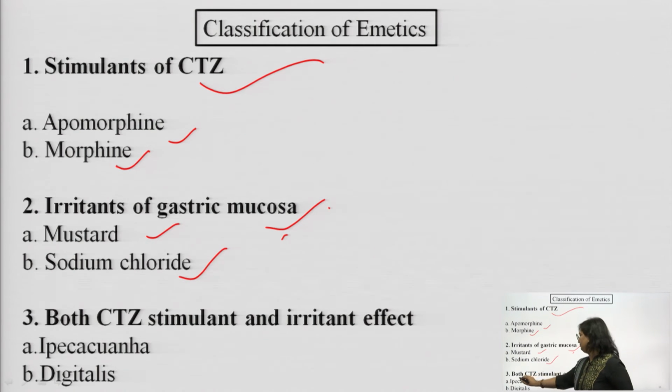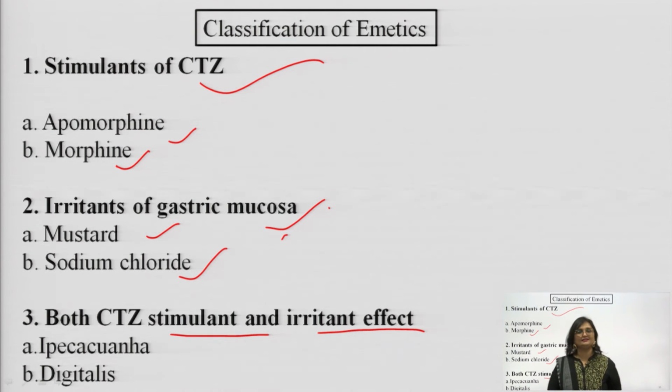Next, emetics that act by both stimulant and irritant effect. That is, these are the category of drugs that stimulate the CTZ as well as cause gastric irritation. So these drugs act both ways.